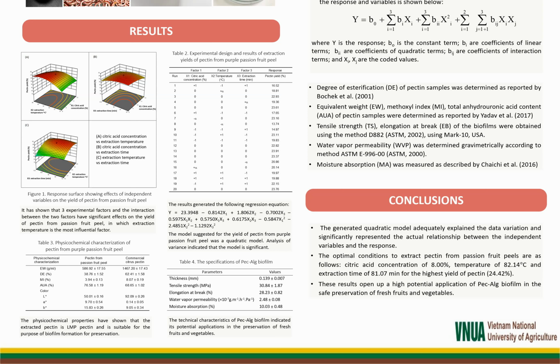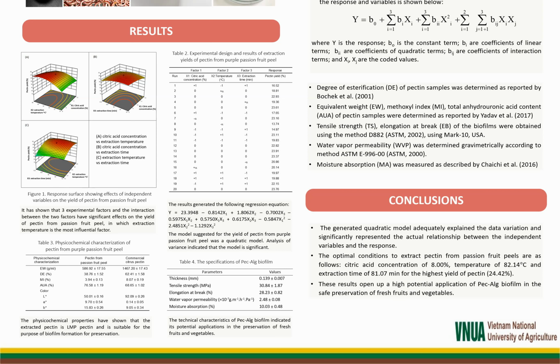23.91%. Furthermore, using the method of least squares, the suitable quadratic model was found for the extraction of pectin from purple passion fruit peel. As you can see here is the quadratic model. And analysis of variance indicates the model is significant.